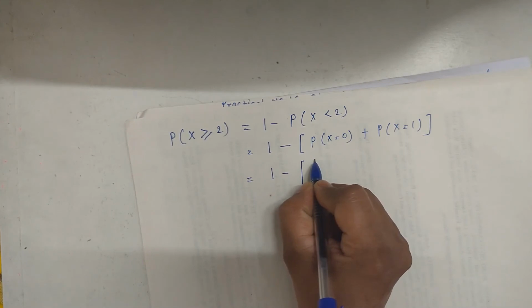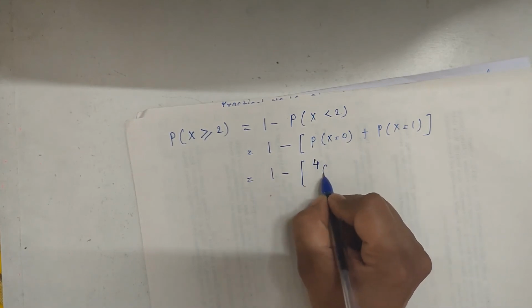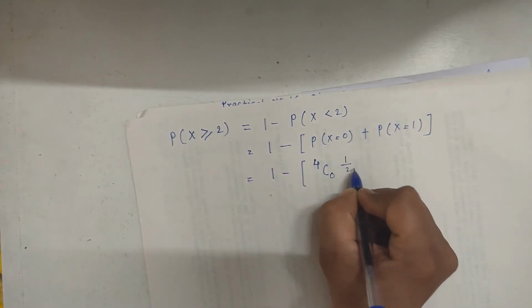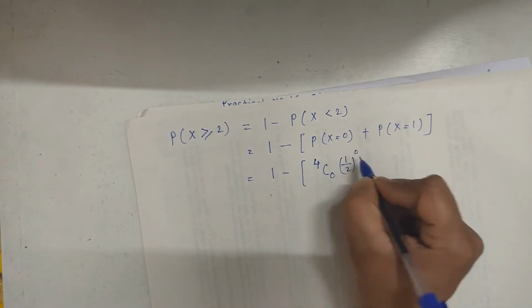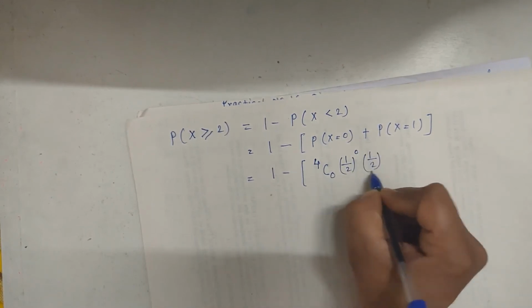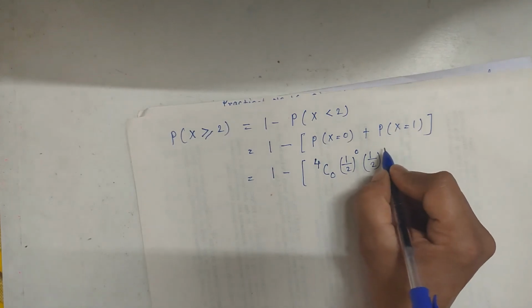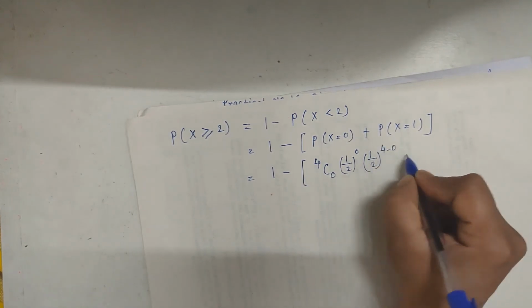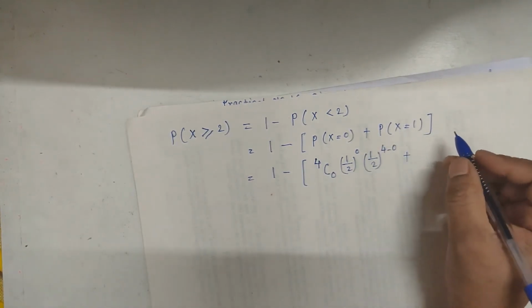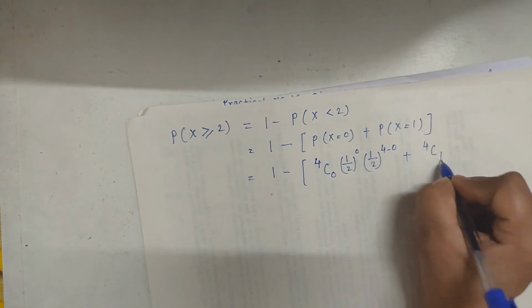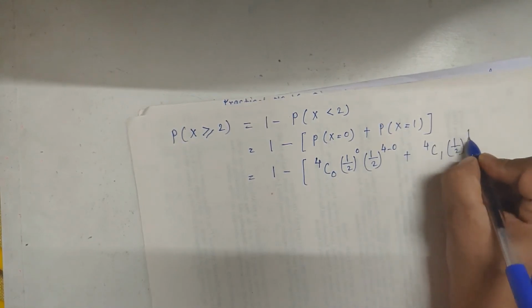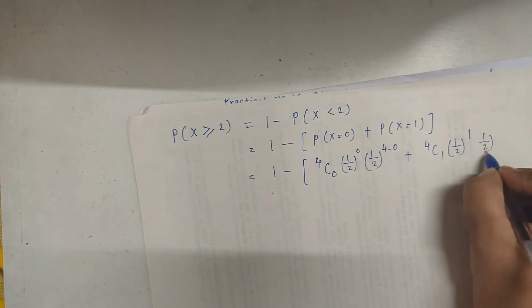Here n is equal to 4. So we can write 4C0, p is (1/2) raised to 0 and q is (1/2) raised to 4 minus 0, plus the probability for x is equal to 1, 4C1 (1/2) raised to 1 and (1/2) raised to 4 minus 1.